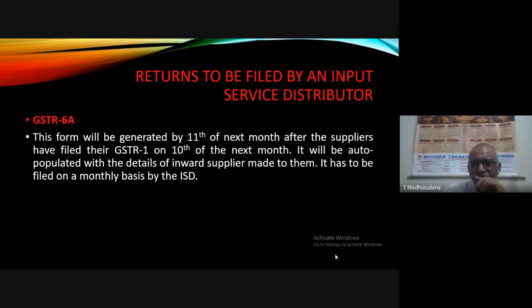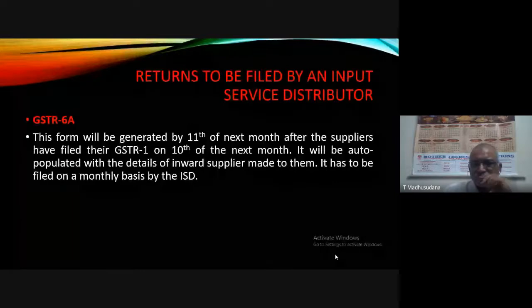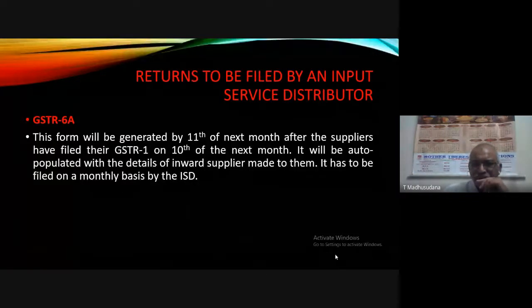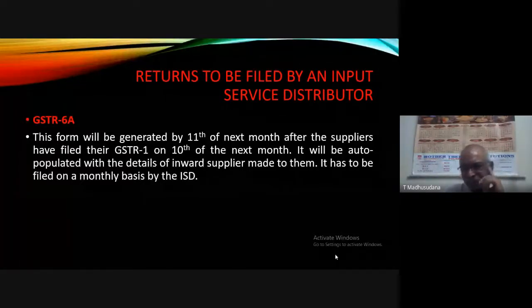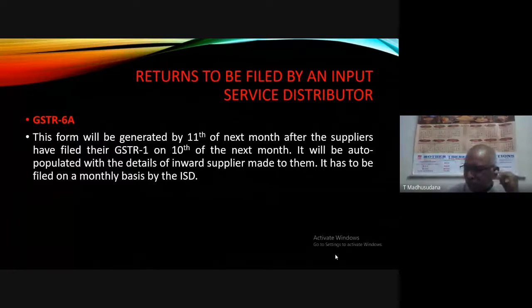So after submission of GSTR 1 by all the suppliers, this will be generated. That is GSTR 6A. Therefore, the last date would be something different. It is generated by the 11th of the next month. It will be auto-populated.